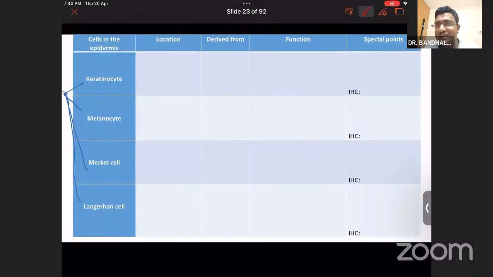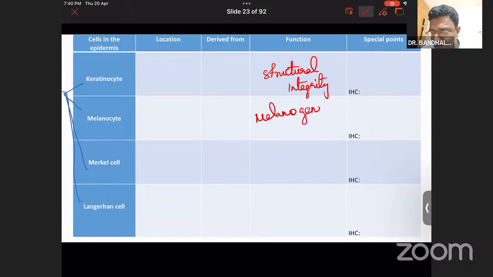First, you will see about the derived from and function. Keratinocyte is a major cell in the epidermis which is involved in the structural integrity. Melanocyte, we know it is involved in the melanogenesis. Merkel cell is a mechanoreceptor.